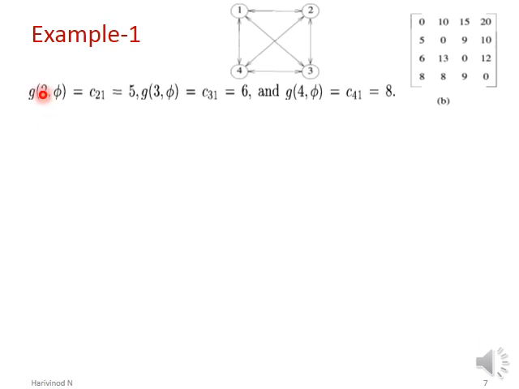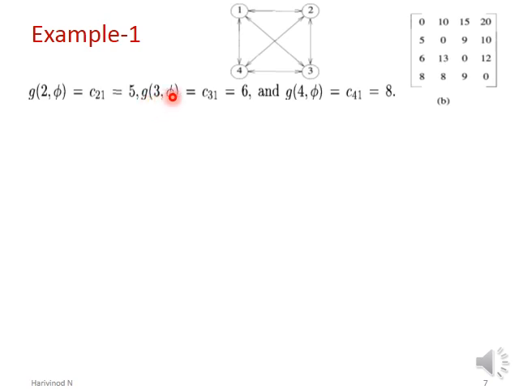So let us solve starting from 2. Of course 1 is the source vertex for us. Starting from 2 without visiting any other vertices intermediately, come back to 1. So G of 2, null is nothing but the direct edge from 2 to 1. It is nothing but C of 2, 1, which is equal to 5. Now G of 3, null means start from 3, visit none of the vertices and come back to 1.